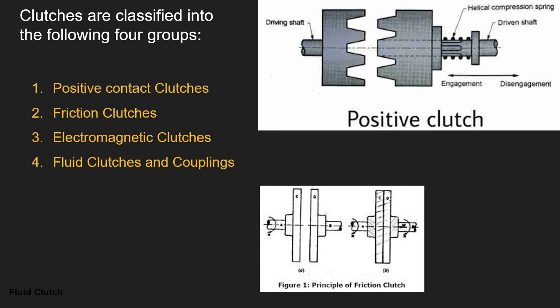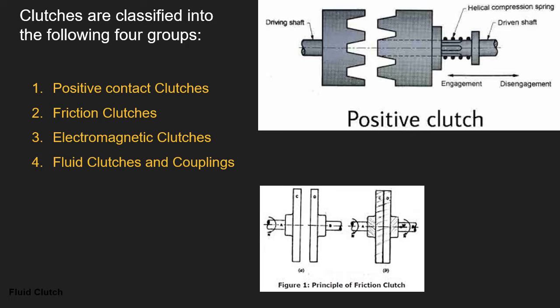Next, we look at the figure of the friction clutch. The friction clutch is very popular in use, much more popular than the positive clutch. As you can see, you have two plates here, one plate each on both the driver and the driven shaft.